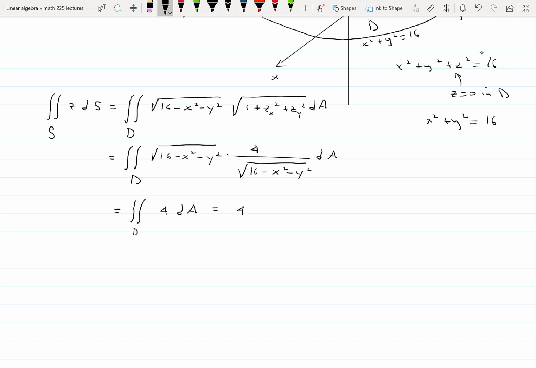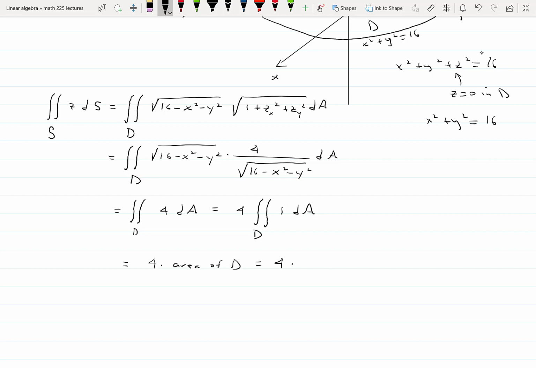Again, this is a luxury we can't count on very often, but 4 times the integral over the circle of dA. And that's just the area of the circle. It's just 4 times the area of D.